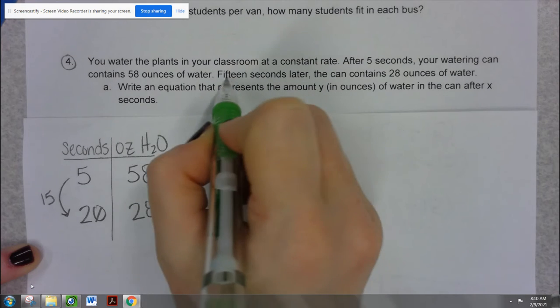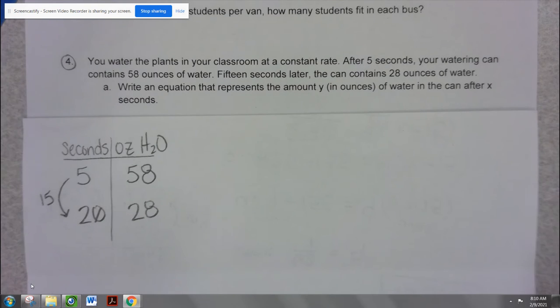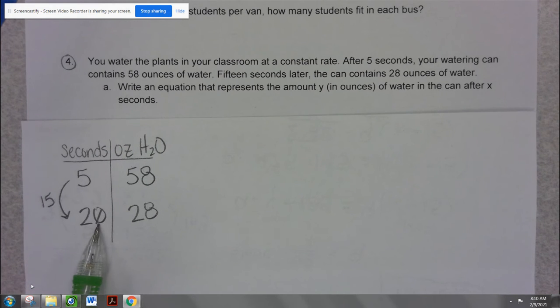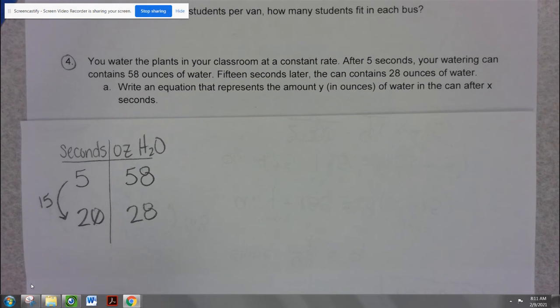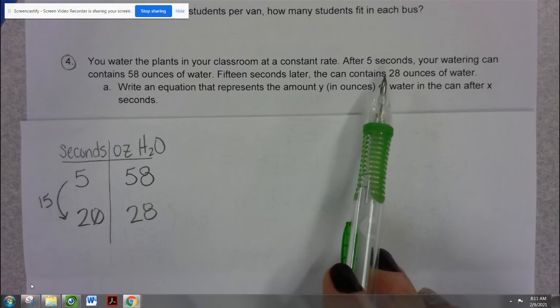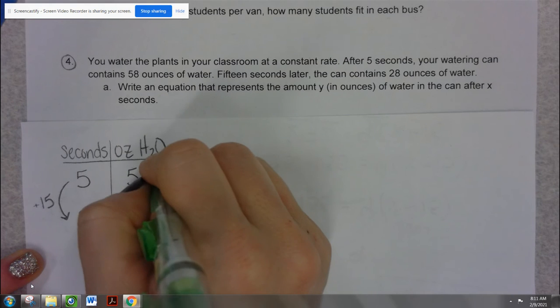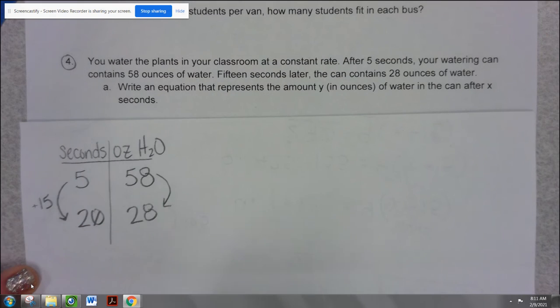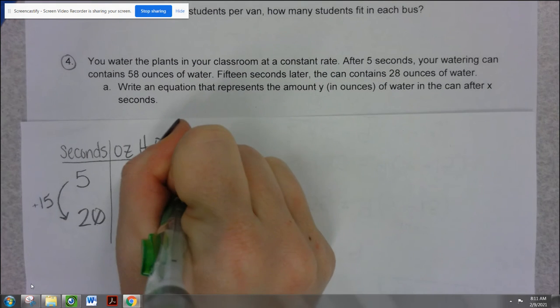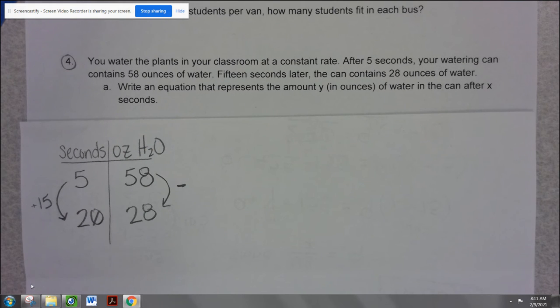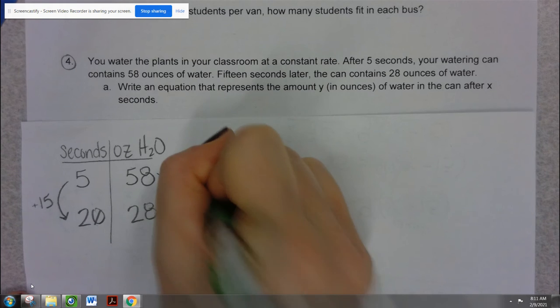Now that is a trick. They are trying to trip you up. If it said after 15 seconds, this would be 15. However, it says 15 seconds later from this information they've already given us. That's why this is plus 15. Now going from 58 down to 28, it's decreasing, so I know this has to be a minus. And then that's going down by 30.